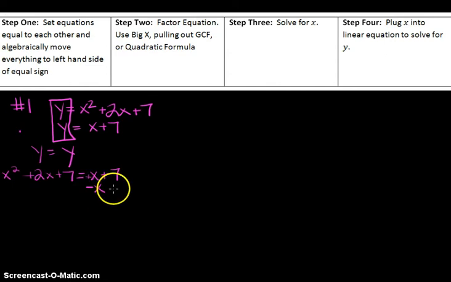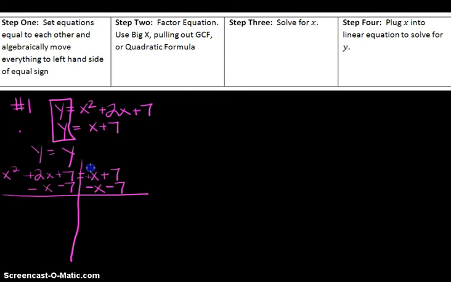So we're just going to subtract x, and the reason why we're subtracting is because it's being added. And just to save us some time, we're going to do two steps in one. Instead of adding, to undo adding, we are going to subtract. And what I do on one side of the equal sign, I'm going to do on the other. So I'm going to subtract x over here, and I'm going to subtract 7 underneath here.